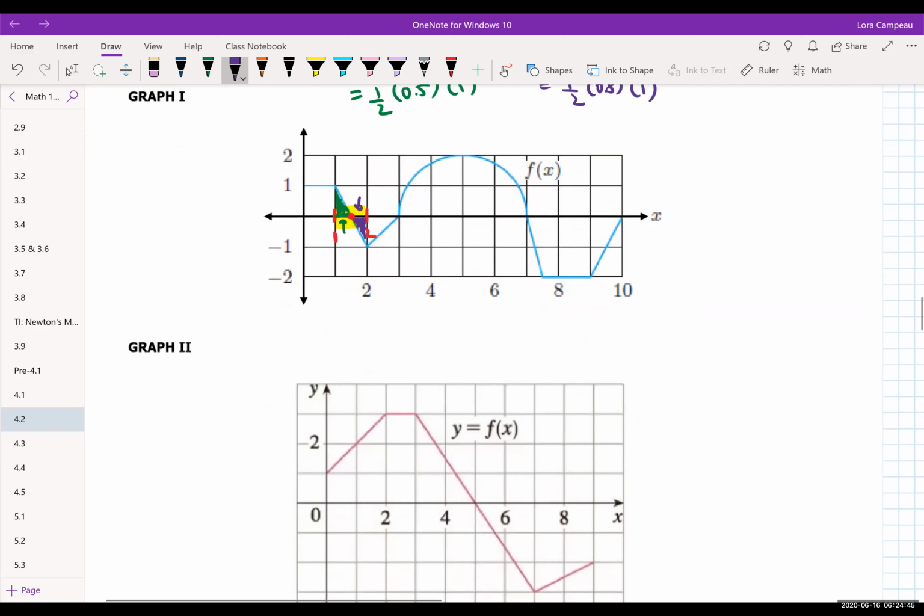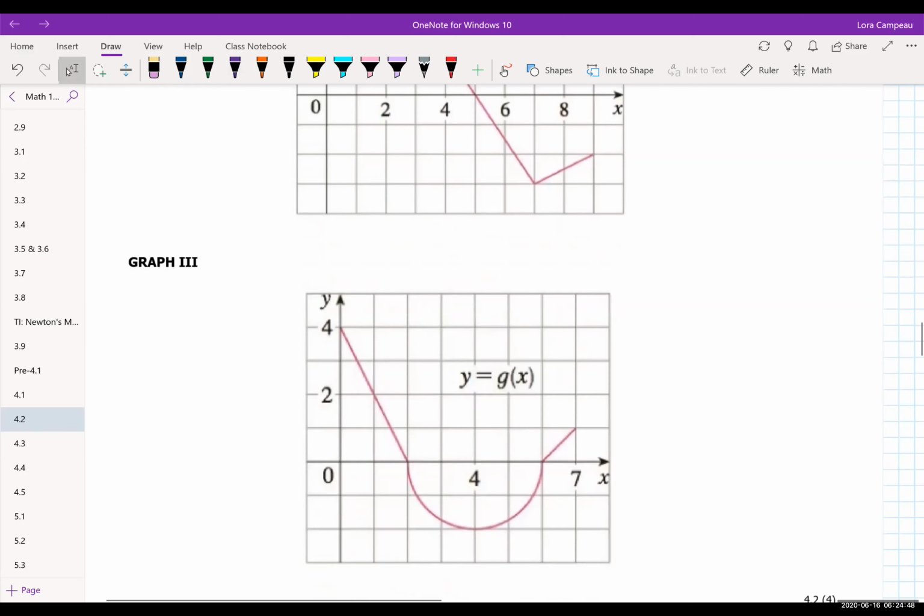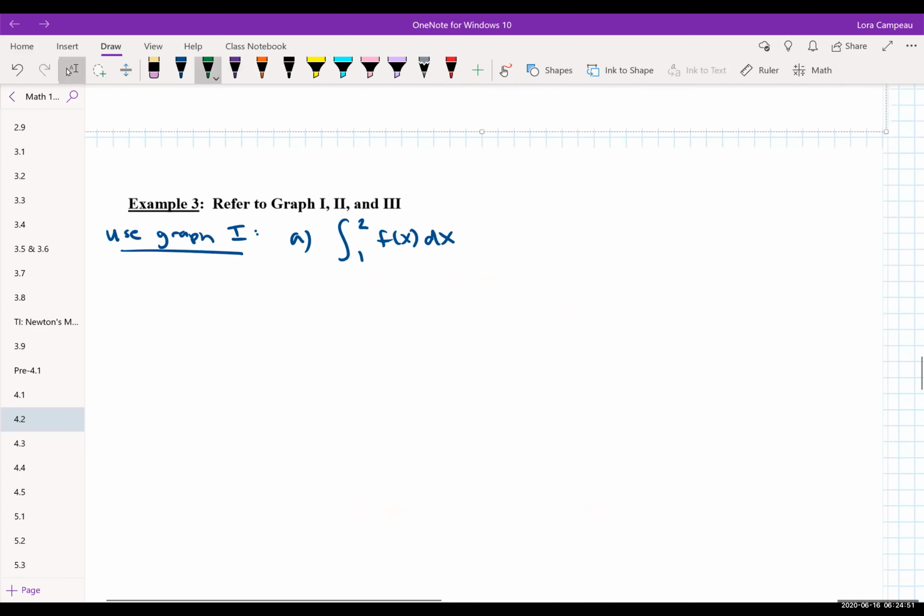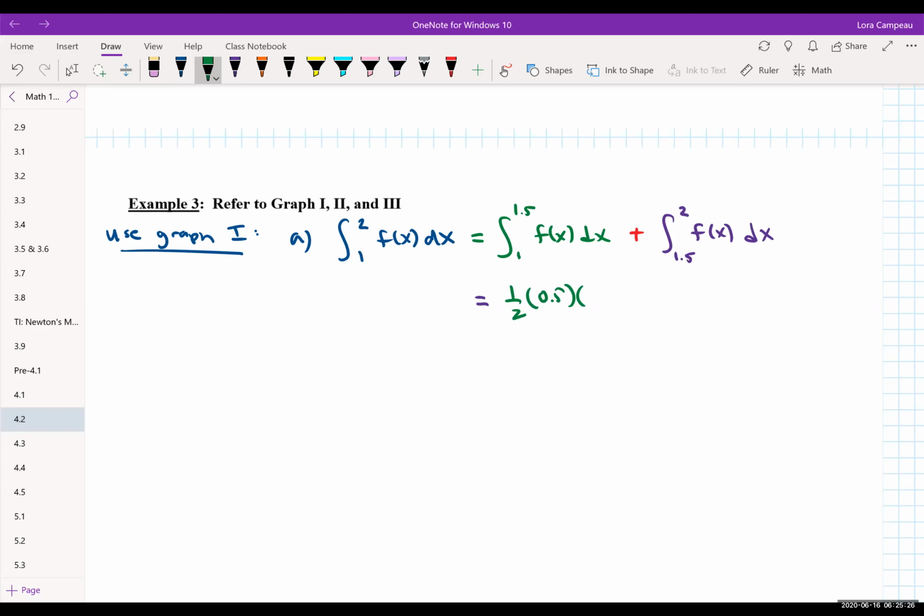But if we're going to apply this with properties, let's kind of write it out. We're taking the scenic route. We're going to take the integral from 1 to 1.5 of our function with respect to x, and we're going to add that to our integral starting at 1.5 and stopping at 2. So taking the scenic route, and then we already realized, well, we had positive area, so it's like 1/2 times 0.5 times 1.